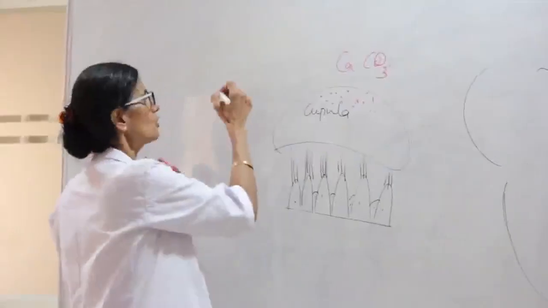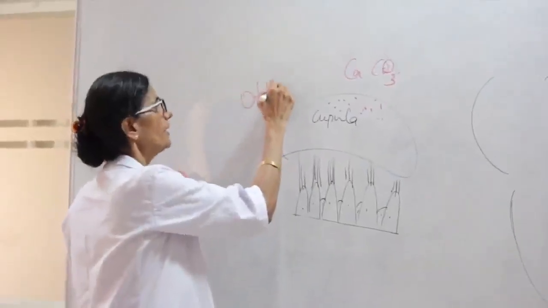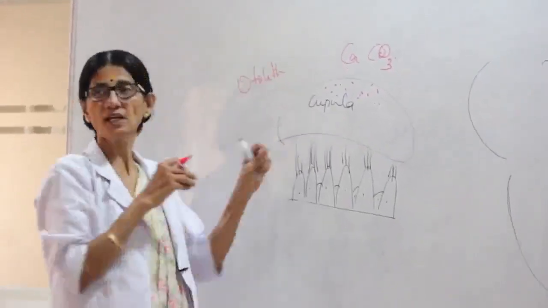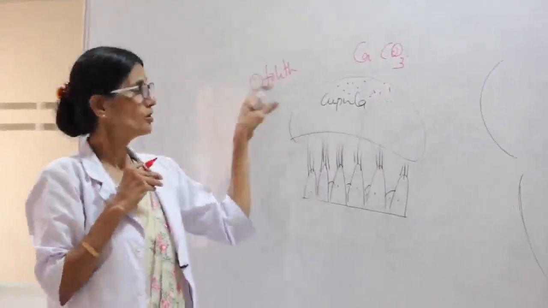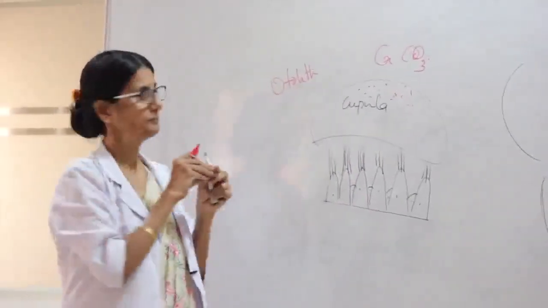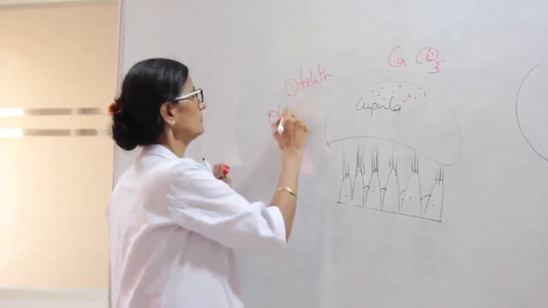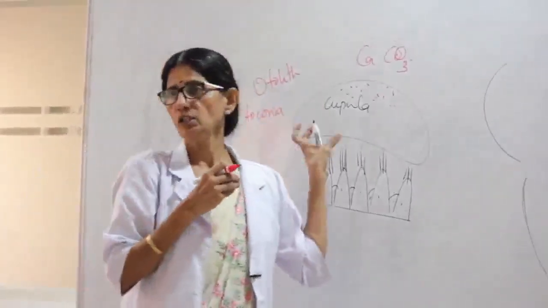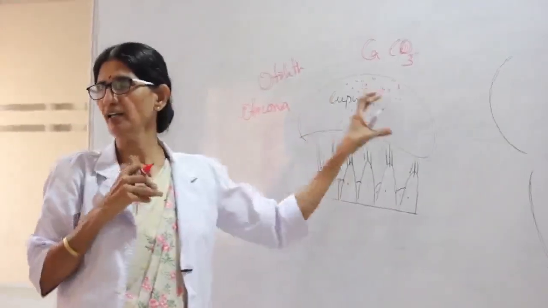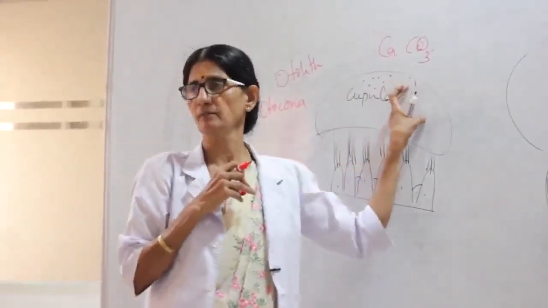They are also called otoliths, and hence these are called otolith organs. These are also called otoconia. This is one important difference.